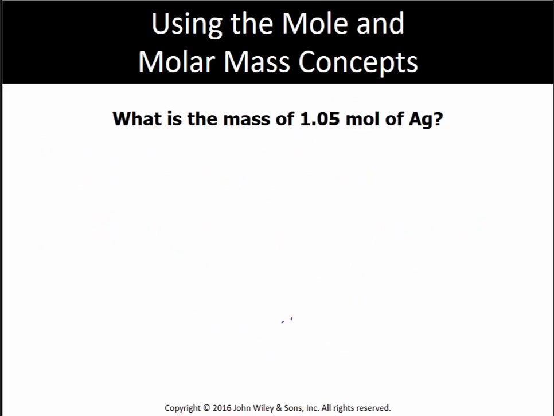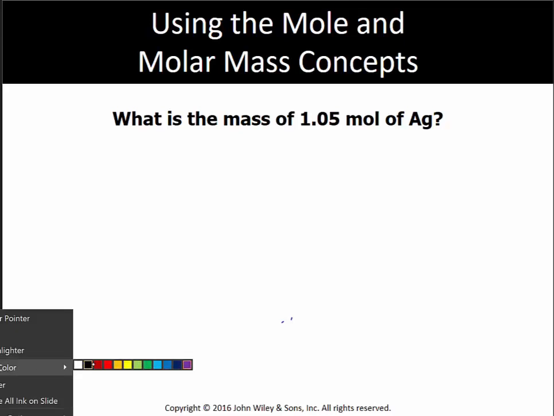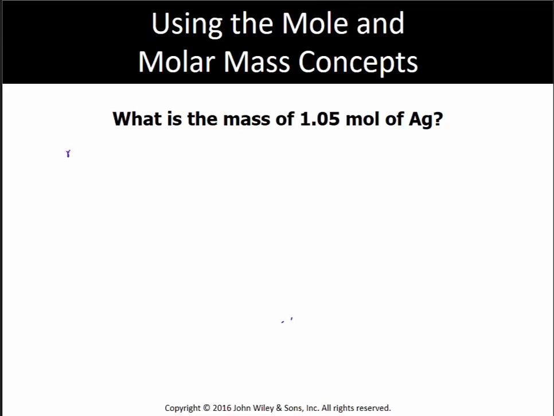So to go from moles to mass, moles of silver is given to us, and you're trying to find the mass of silver. So going from moles to mass or mass to moles, we use molar mass. So 1.05 moles of silver.